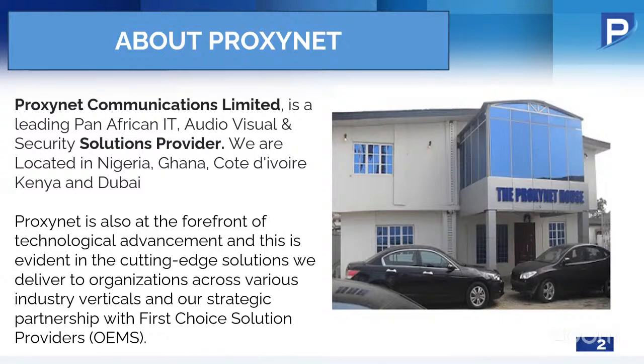We work with different companies from hospitality to education, to telecommunications, to FMCG, and so on. We've been able to do this because of our strategic partnership with first choice solution providers.